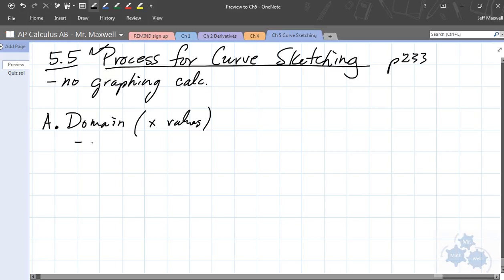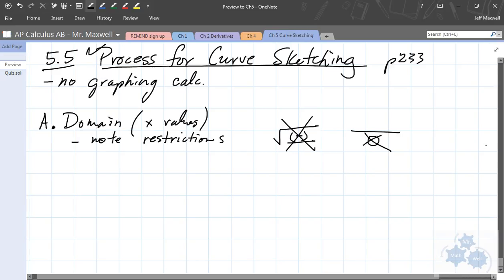So you want to note restrictions, okay? Those restrictions would include, but are not limited to, the square root of anything that would be negative. That's bad. Any x values that give you a negative underneath the square root sign, bad. If we have a denominator of 0, those x values that cause that 0 in the denominator are restricted, okay?